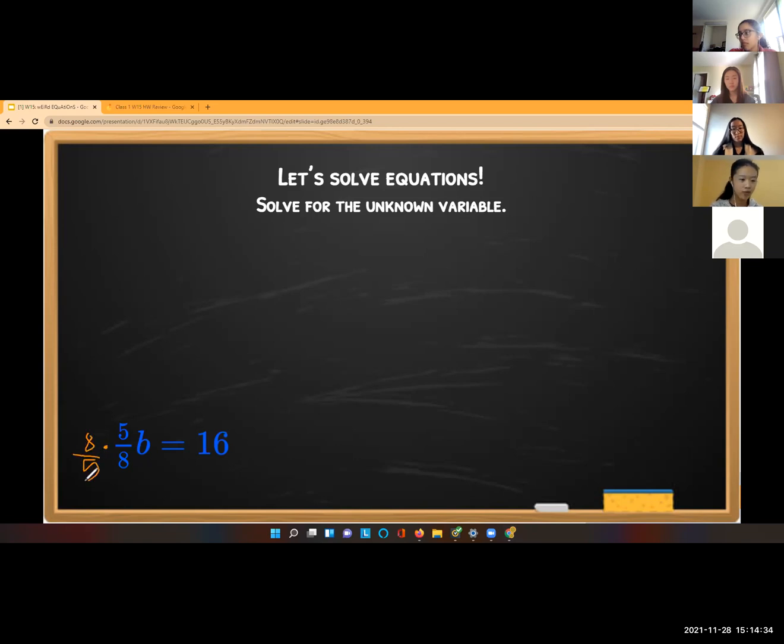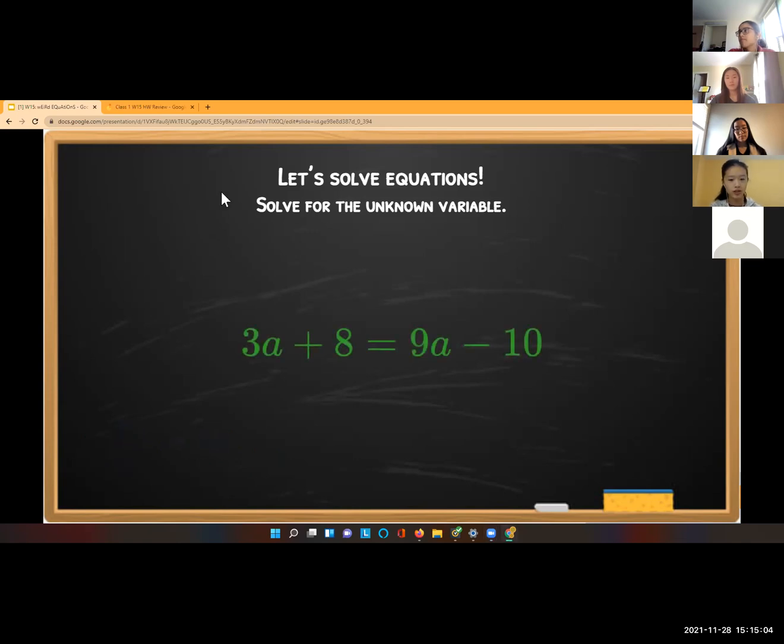This is kind of a weird number to multiply both sides by, but the reason we're doing this is that it cancels out all the constants on the left side of the equation, so that all that is left is the variable b. That then just gives us the value of b when we evaluate the right side. So b equals 128/5.